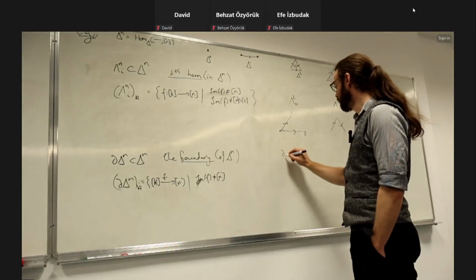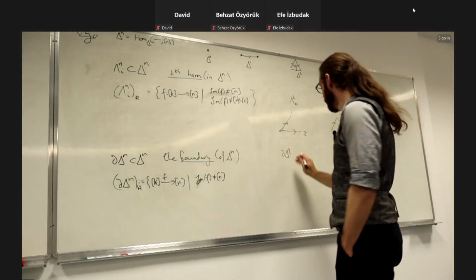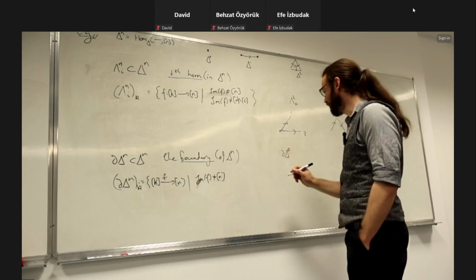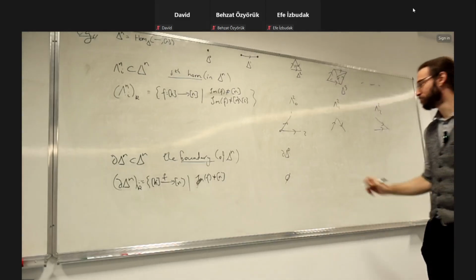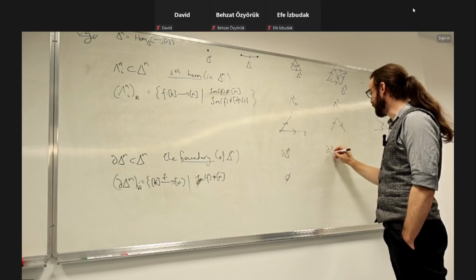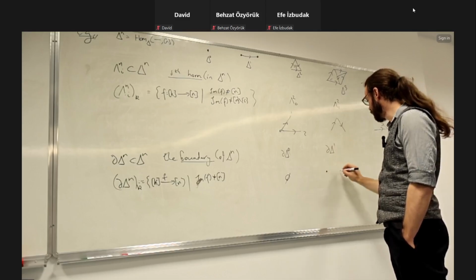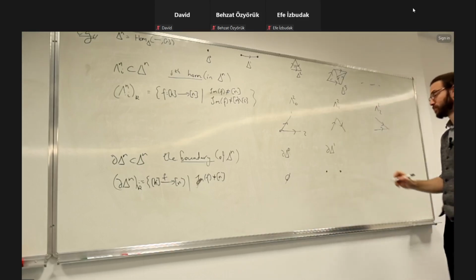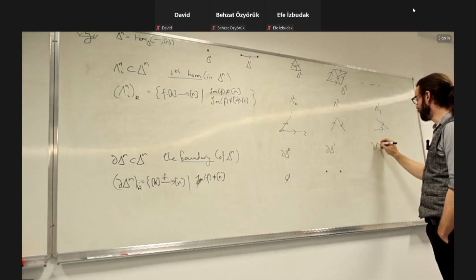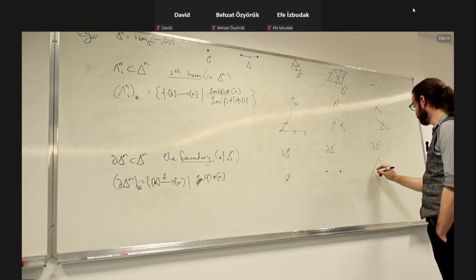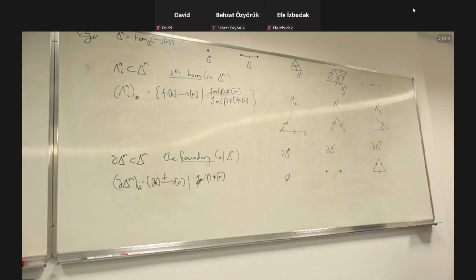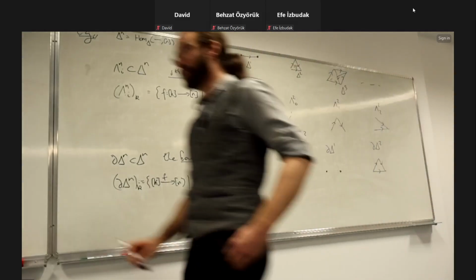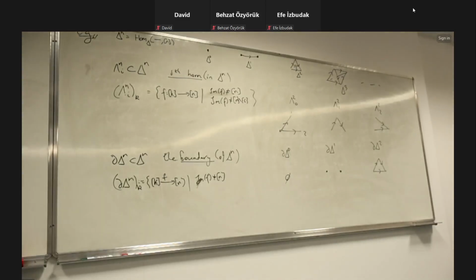So the boundary of Delta^2, actually, let me start with the boundary of Delta^0. This is just the empty simplicial set. The boundary of Delta^1 is 2 points. And the boundary of Delta^2 is like the 2-simplex, but the middle is a hole. Okay, everyone okay with this so far?